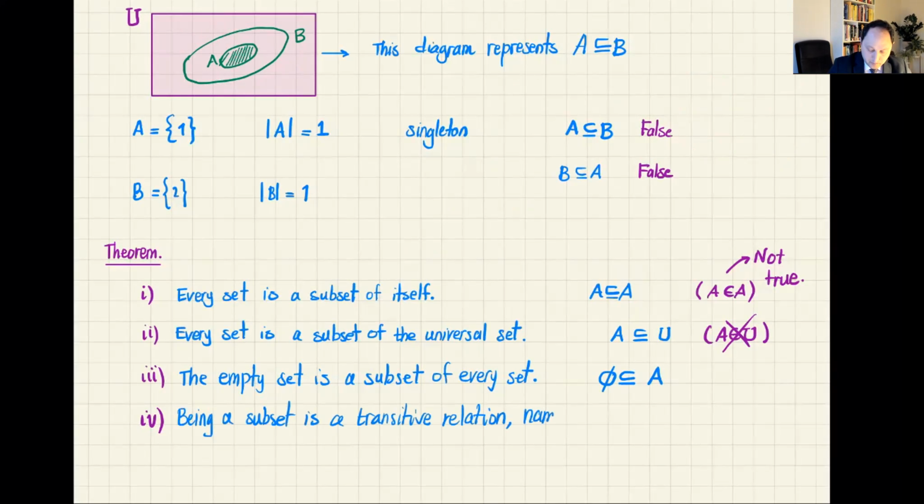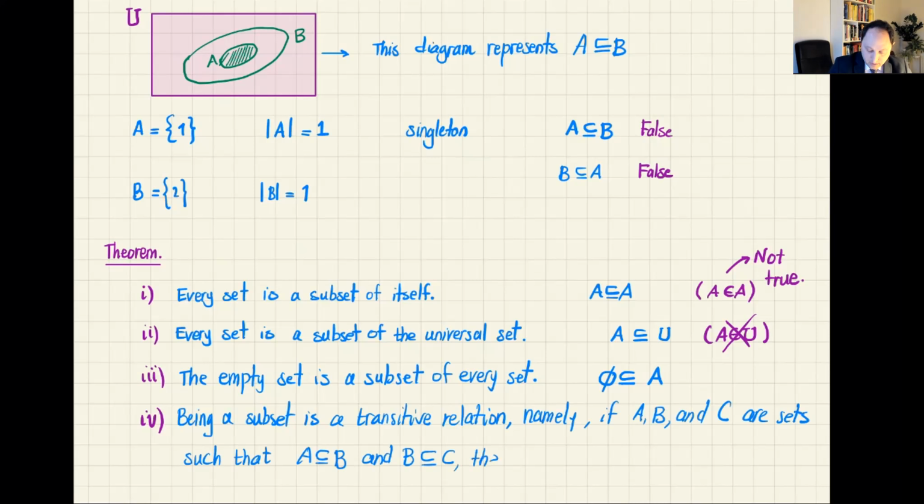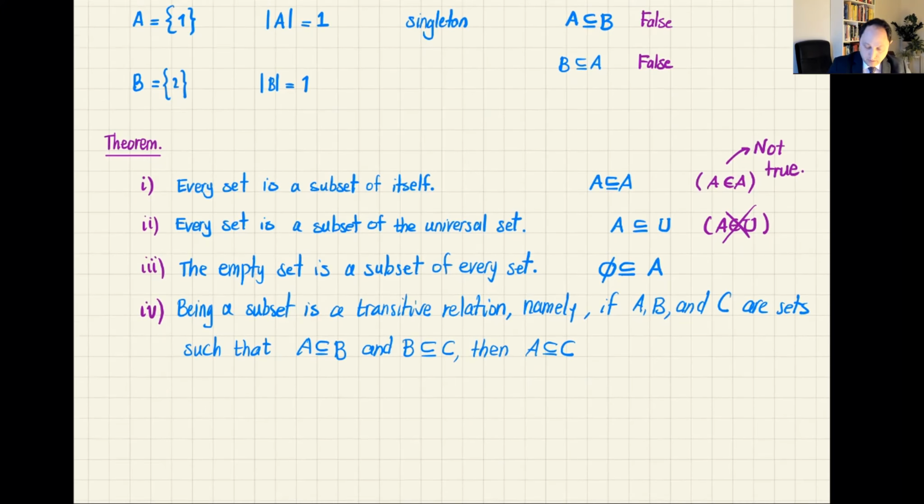Namely, if A, B, and C are sets such that, as Alex said, A is a subset of B and B itself is a subset of C, then A is a subset of C.